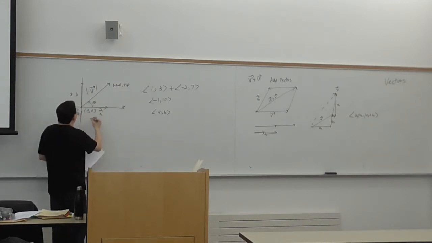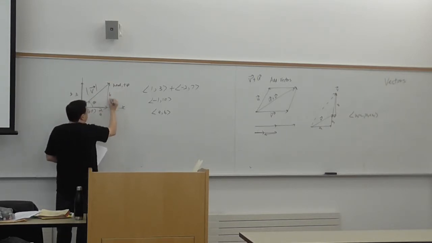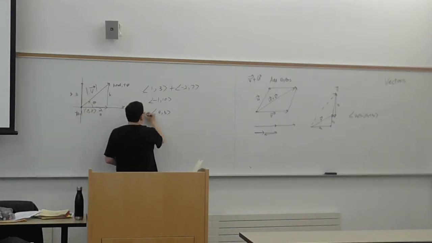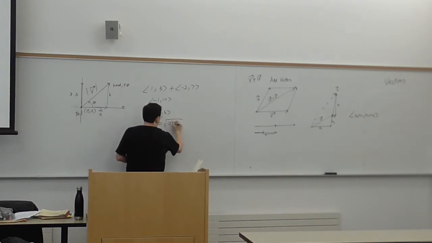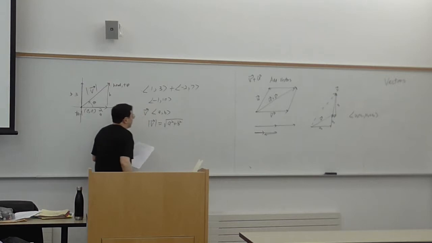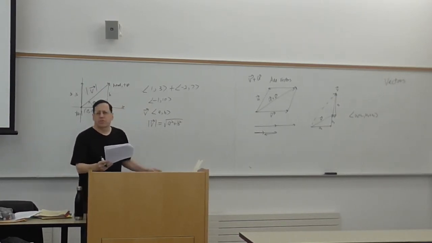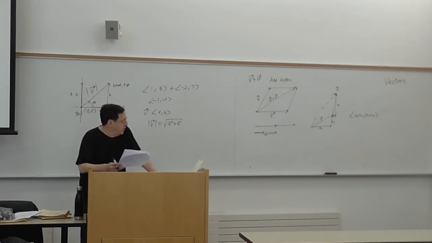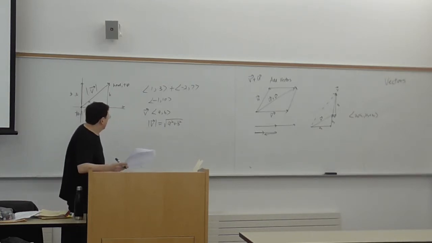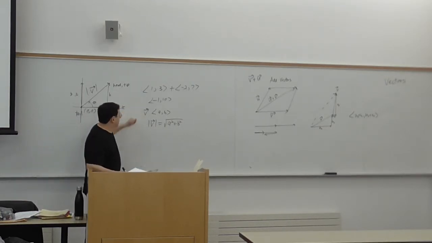You can see right away, using the Pythagorean theorem, that the magnitude of this vector, or its norm, is just going to be the square root of a squared plus b squared. We've seen this form in both trigonometry and also when we were talking about polar coordinates. So again, another nice feature of the component form.